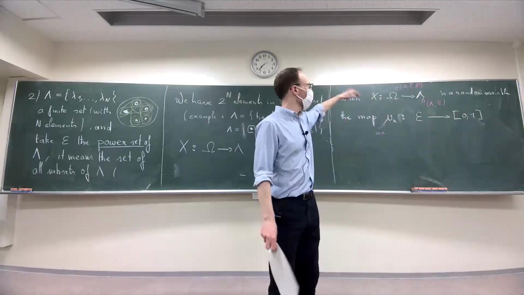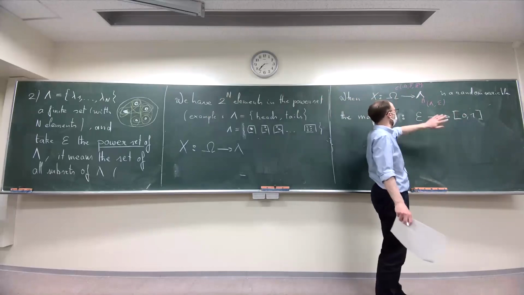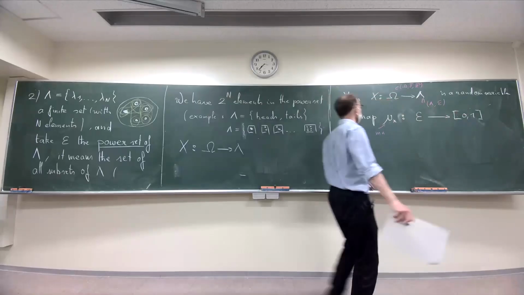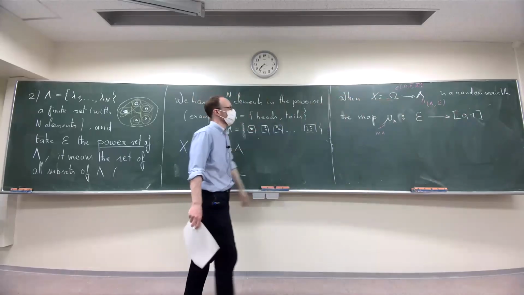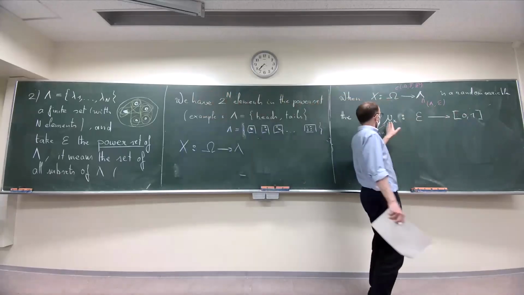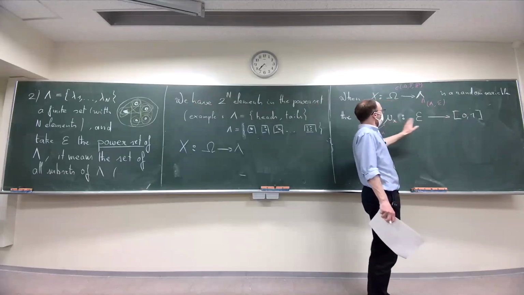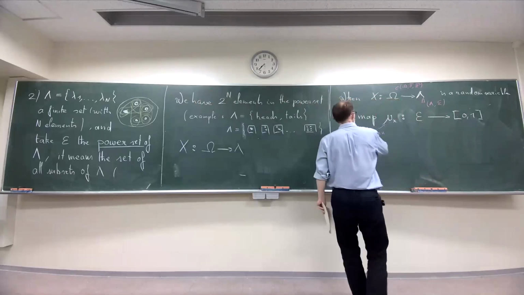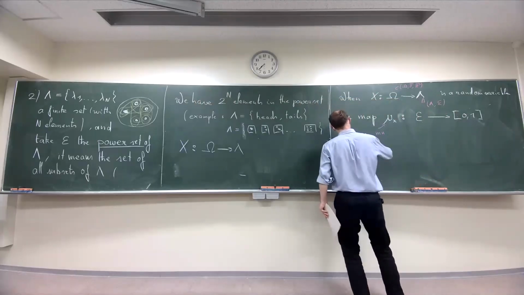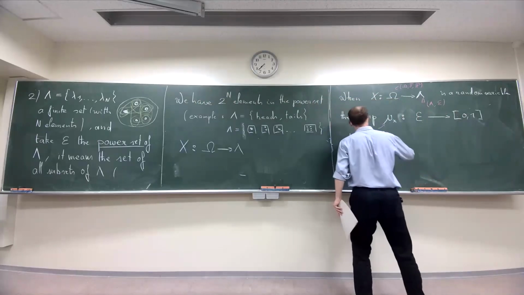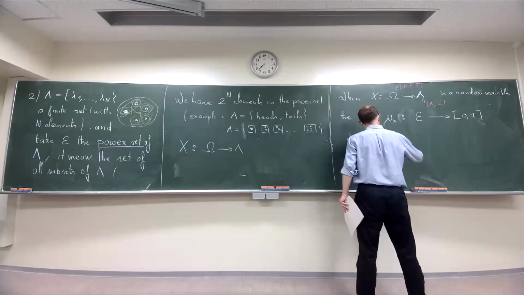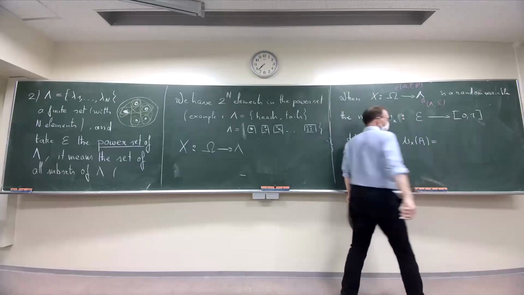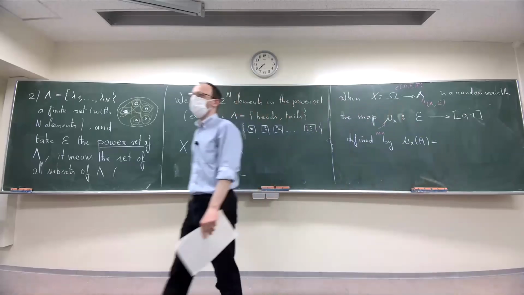But I told you elements of omega are usually not accessible. On the other hand, this is much better, for example, if it is Rn or if it is this finite set. So we define the map from this set E by mu X of A. You can almost guess the definition.